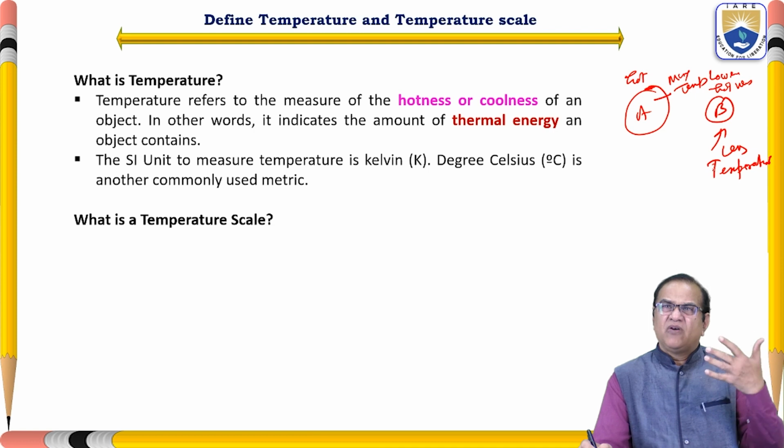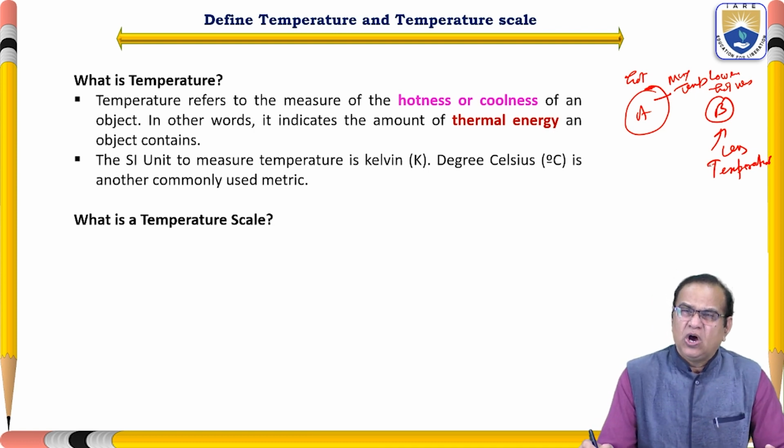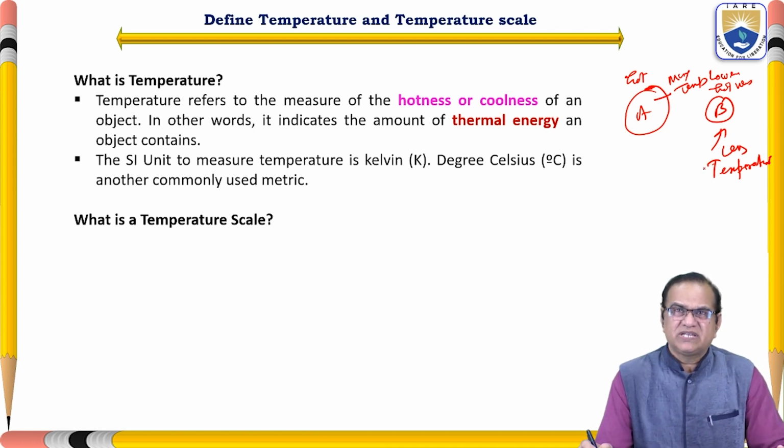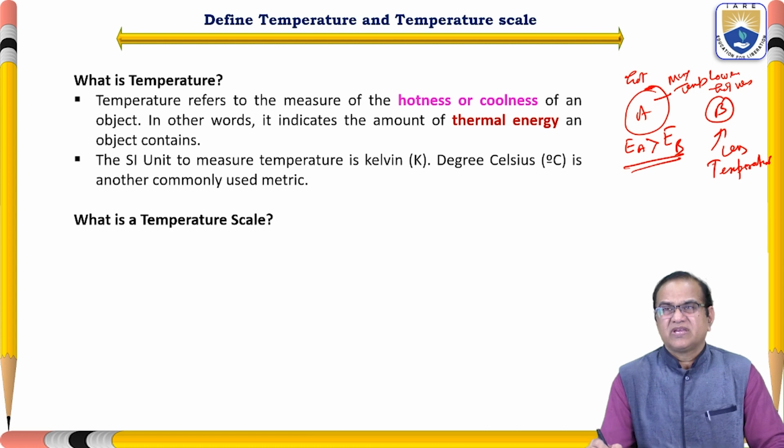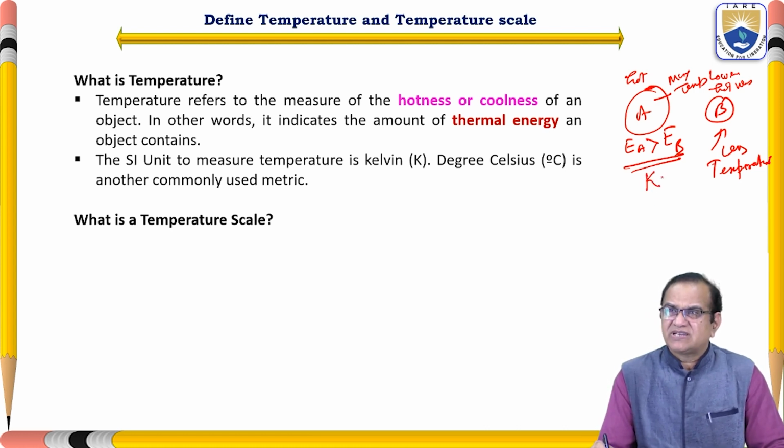So it is a feeling of hotness or coolness of an object. It indicates the amount of thermal energy. If it is high temperature, the thermal energy of A is greater than the thermal energy of B. The SI unit is Kelvin and the metric unit is degree centigrade.